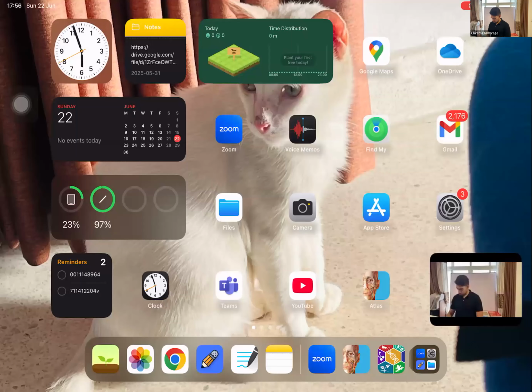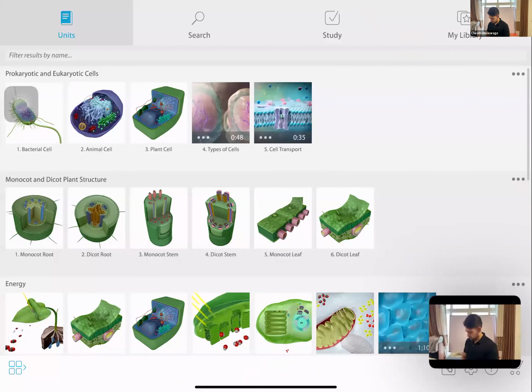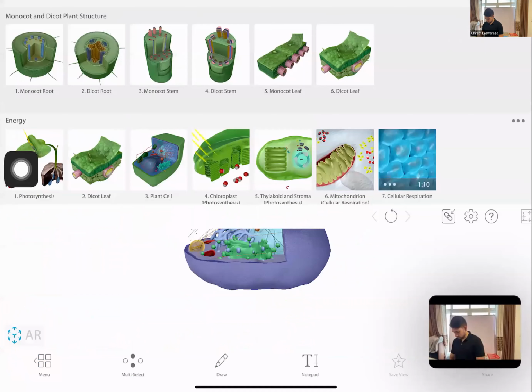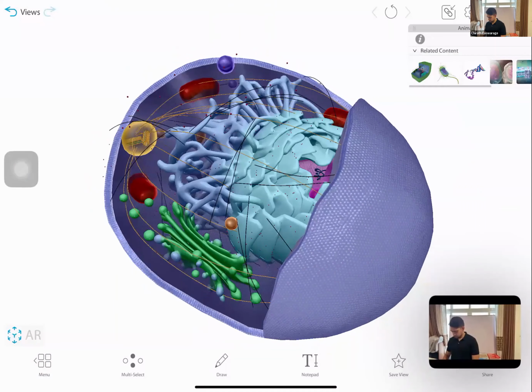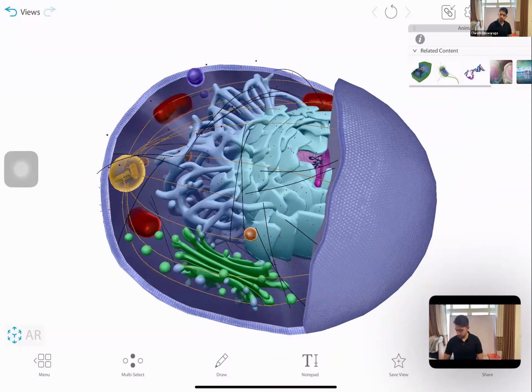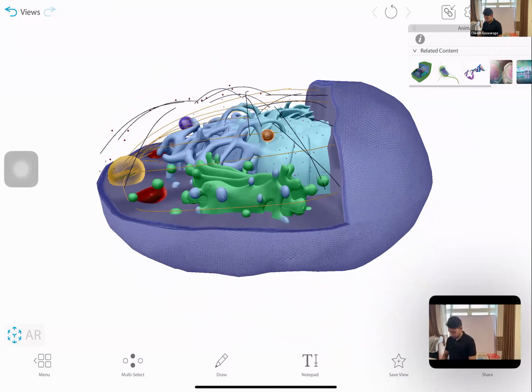I'll show you a bacterial cell as well, but let's take a look at this animal cell. I hope you can see the screen. Can you see the screen? Yeah, right.